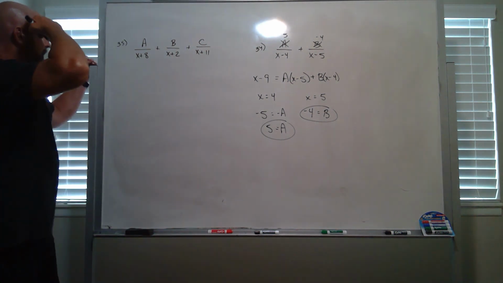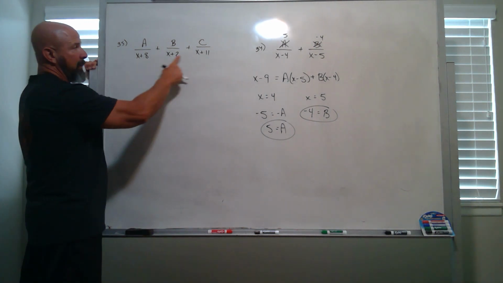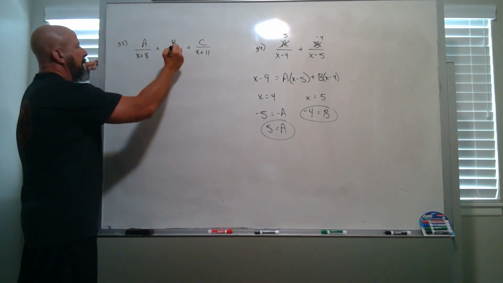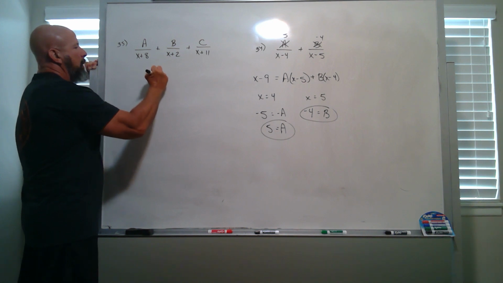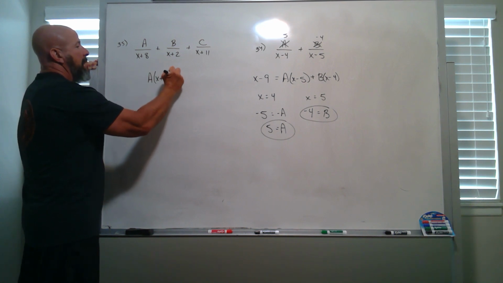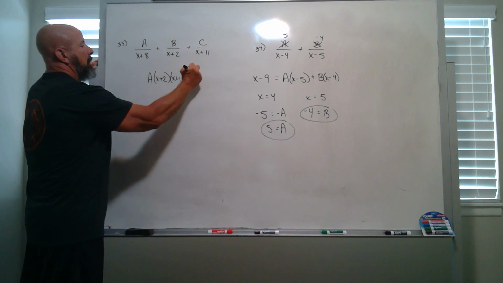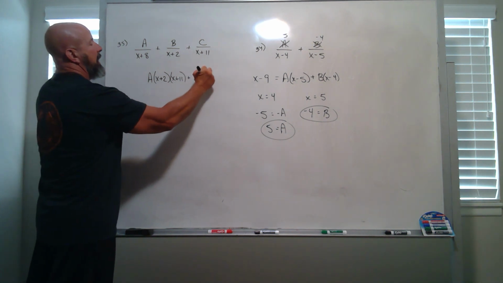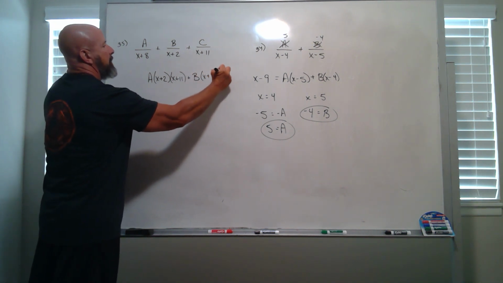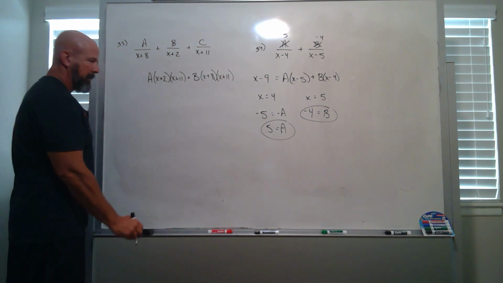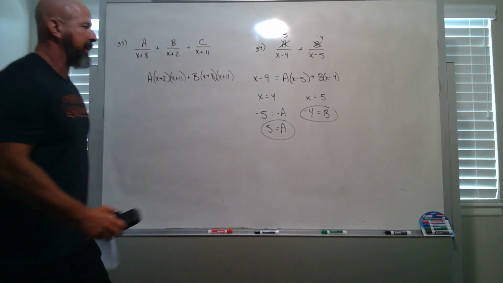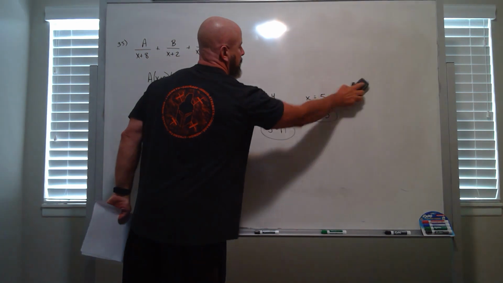Okay? So once I get my common denominator, which is going to be the original denominator, those three, I know that A has to be multiplied by x plus 2 and x plus 11, B by x plus 8 and x plus 11, and then C by the x plus 8 and x plus 2.